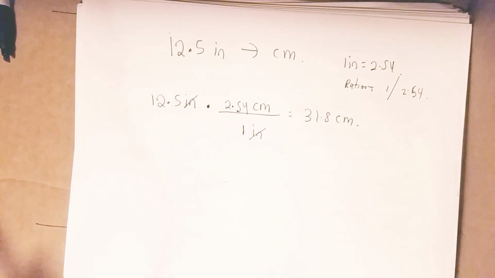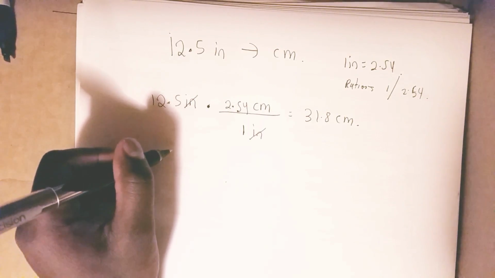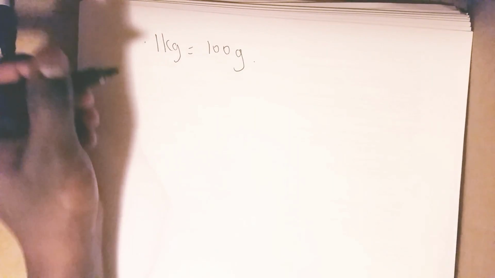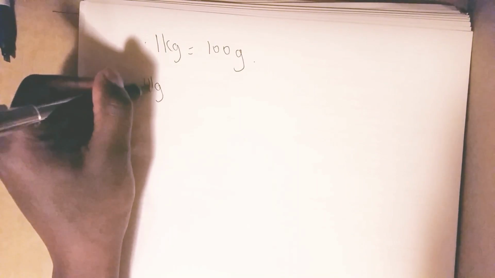The reason why this works is because of the ratio. Let's say you have a number like 1 kilogram equal to 1,000 grams. Say you have 4 kilograms and you want to convert that to grams.